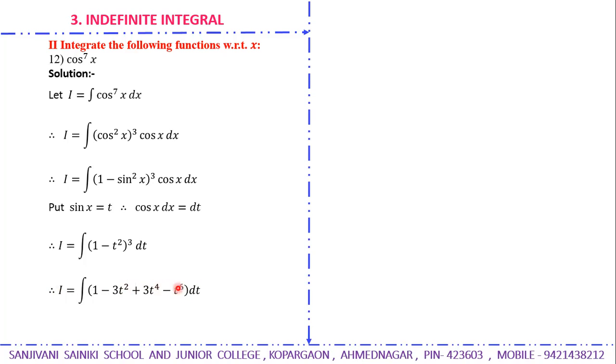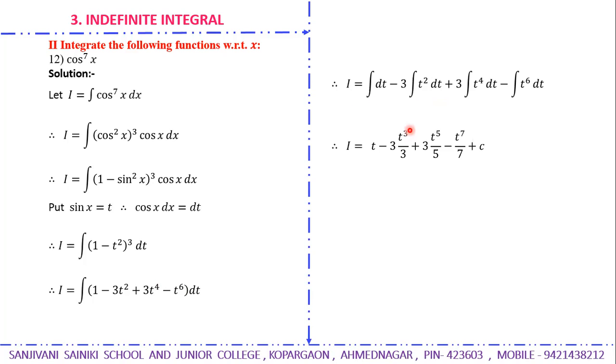Take the separate integral of each term, and using the standard formula of integration, integrate with respect to t. Now we will put back the value of t, that is sin x. I is equal to sin x minus sin cube x plus 3 by 5 sin raised to 5x minus 1 by 7 sin raised to 7x plus c.